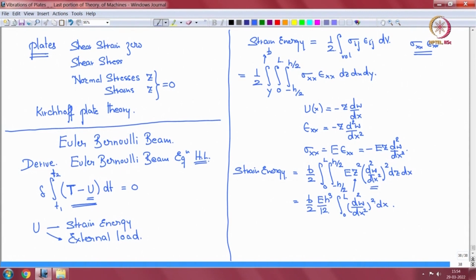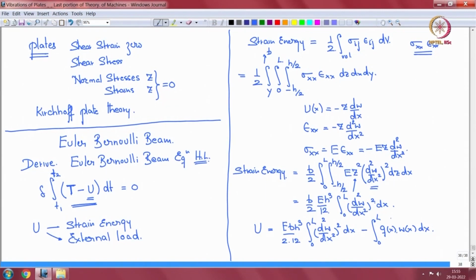The U now, which includes the external load, is given by E b h cube by 24 integral 0 to L d2w dx square whole square dx minus integral 0 to L the uniformly distributed load times the displacement under the load dx.